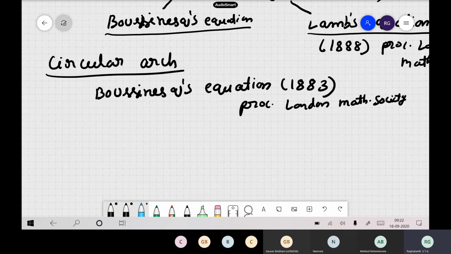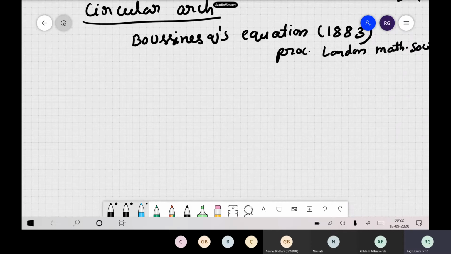Bosnick's equation is very straightforward and very simple. You are having a circular arch.